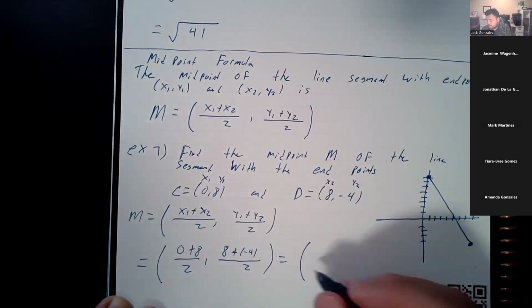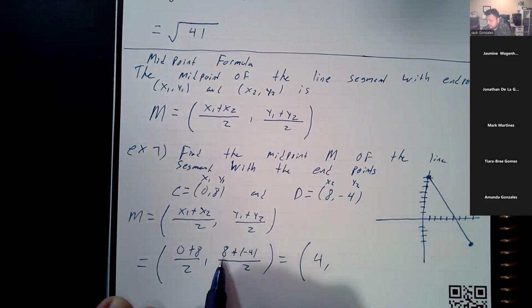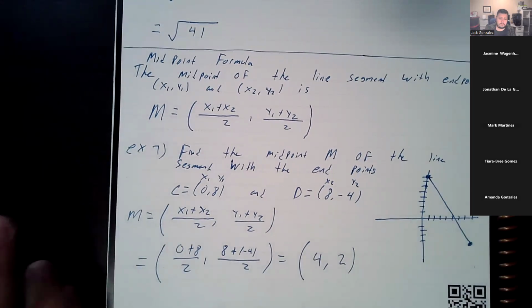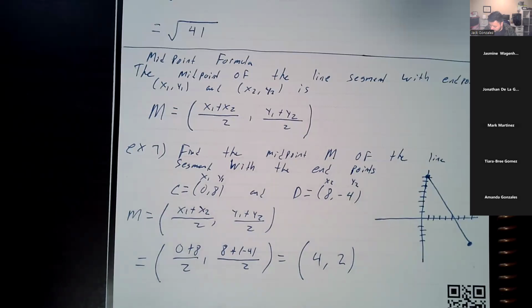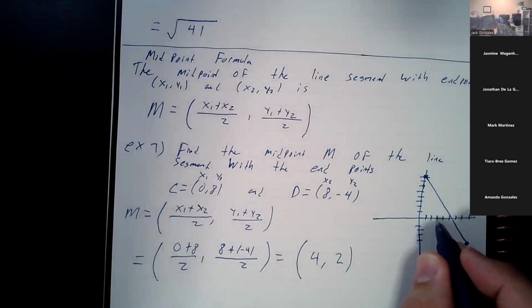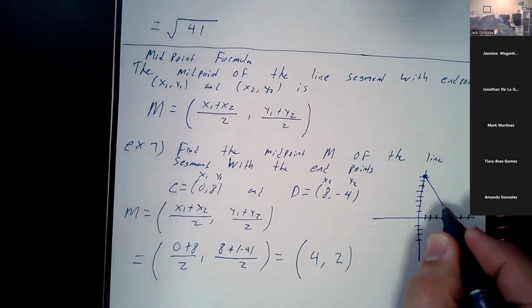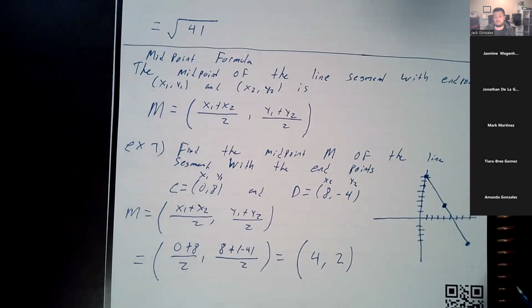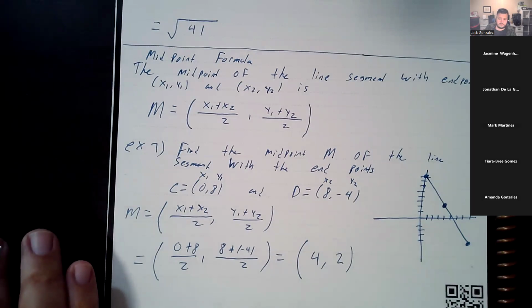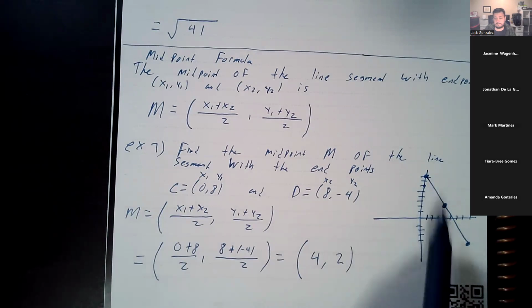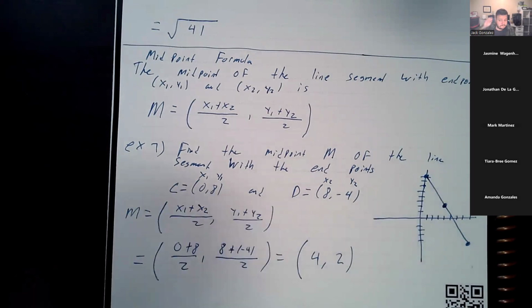So 8 divided by 2 is 4, and 8 plus a -4 is 4, divided by 2 is going to be 2, right? So this is the midpoint M. 4, 1, 2, 3, 4, 1, 2, about there. If it was a prettier drawing, it'd be exactly dead center, but of course, I'm not a printer, so.